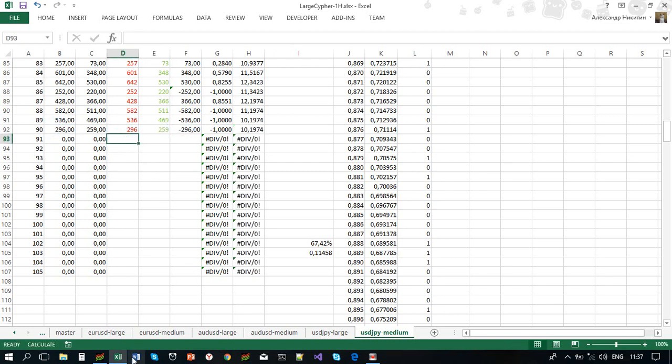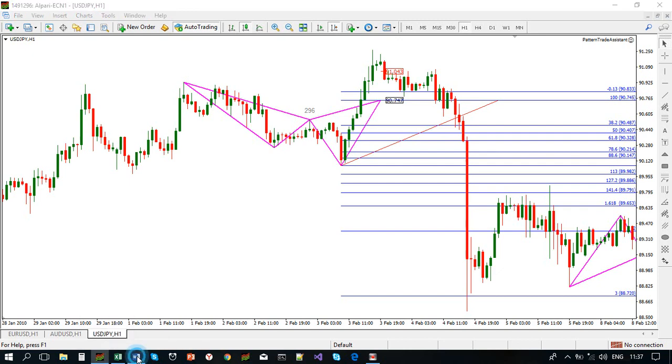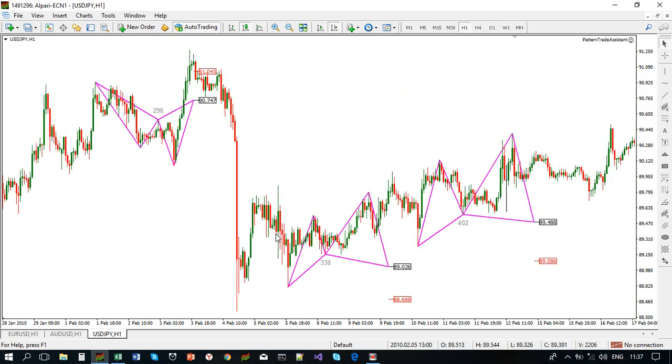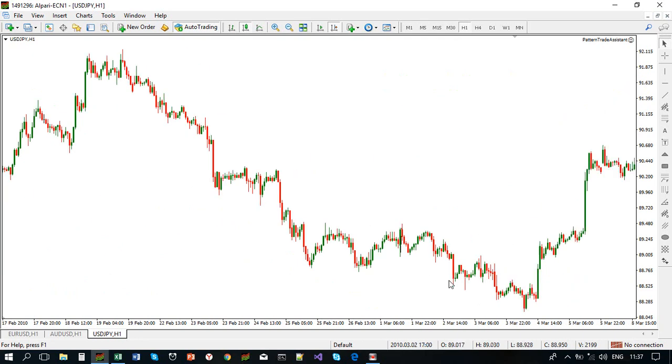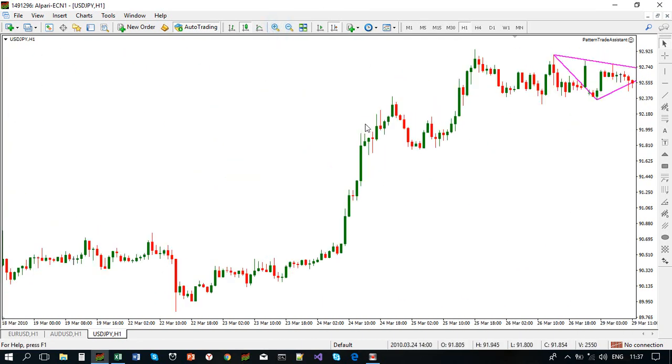The distribution between wins and losses is absolutely random. Okay, I accidentally hit that word. It is absolutely random. You don't know whether your next pattern will be a winner or a loss. You don't know it.